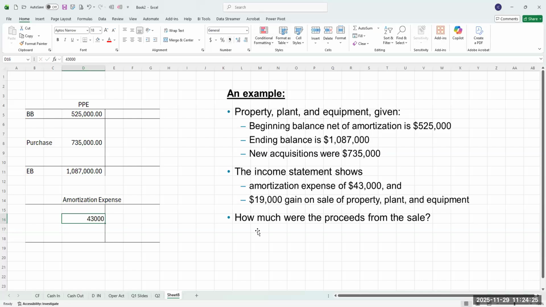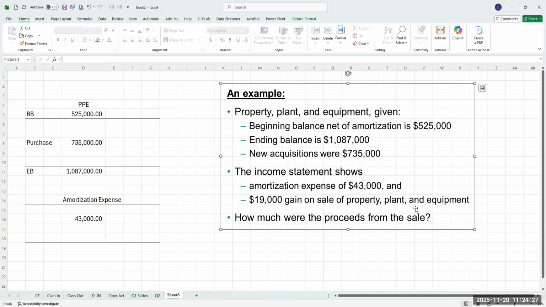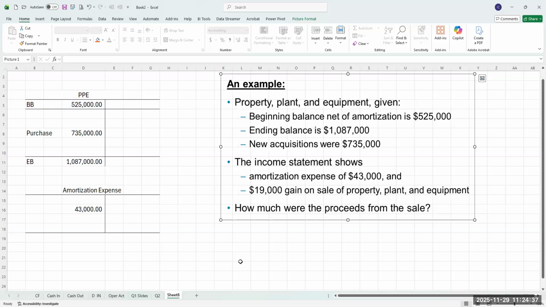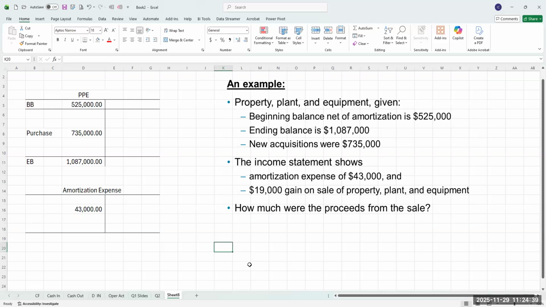What else do I know? I know that I have a gain on sale of property, plant, equipment, $19,000. So what does that mean? I sold something. Make sense? What's the journal entry to sell an asset? Debit: obviously, I'm getting cash once I sell it.